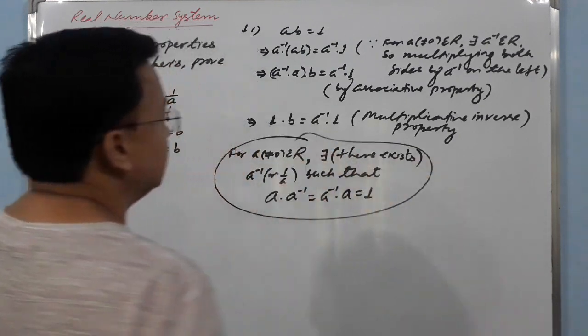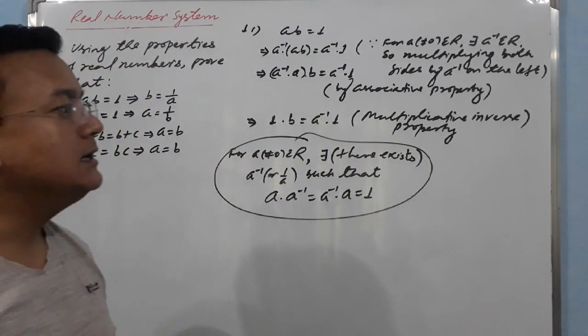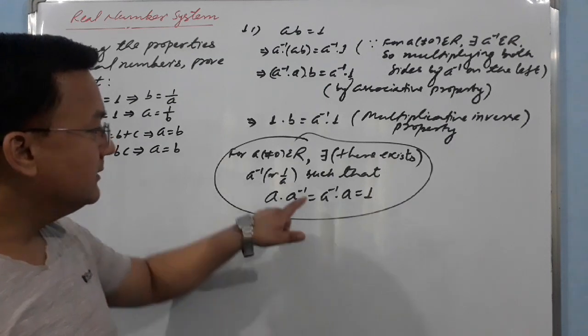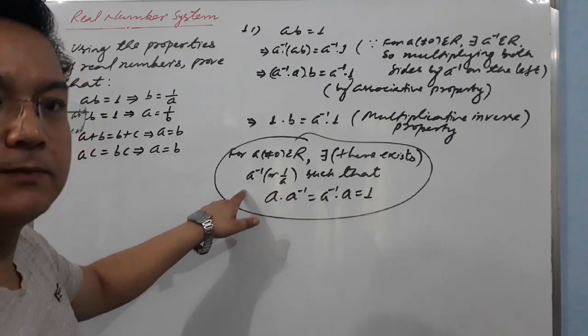This property is called the multiplicative inverse property.